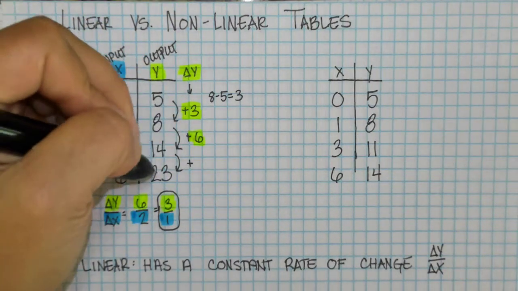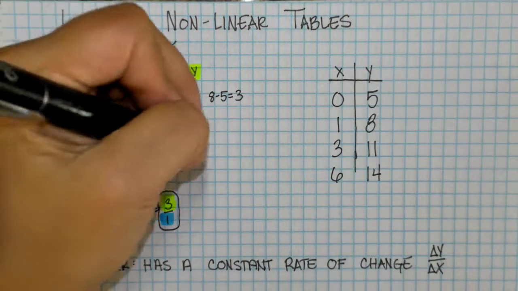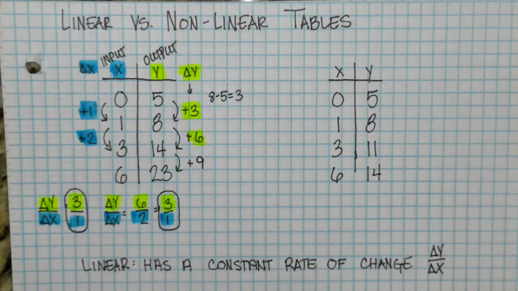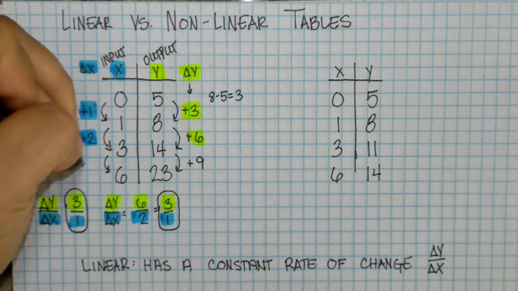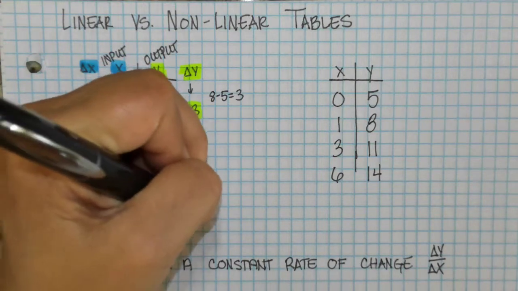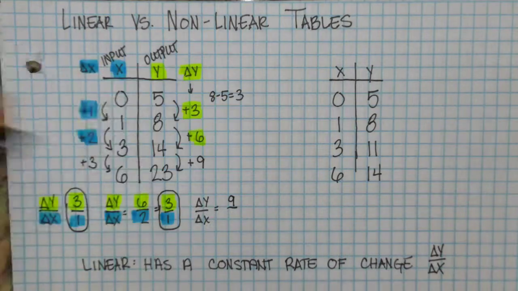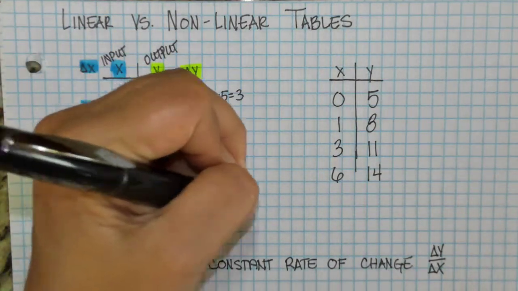I want to know from 14 to 23. Well, that's 23 minus 14, and I get 9. And then the change in x here is 3. And so I'm going to set up another change of y over change of x, and that change of y is 9 over your change of x is 3.